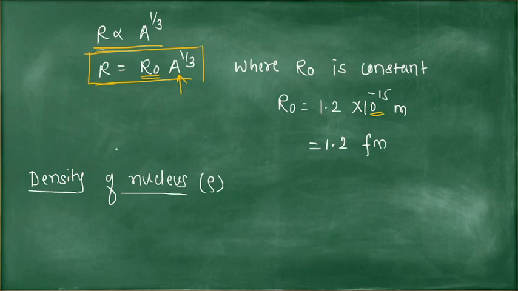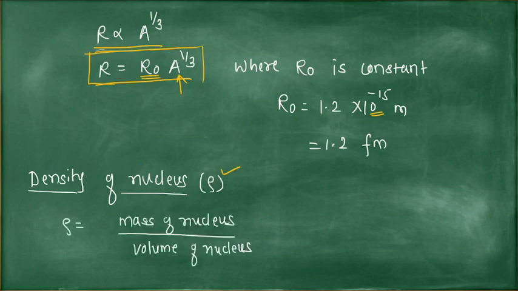Density means mass upon volume. Use the symbol rho for density. So write the formula for density: mass of that object upon volume of that object, similar to what we used in mechanics. So mass of nucleus upon volume of nucleus.